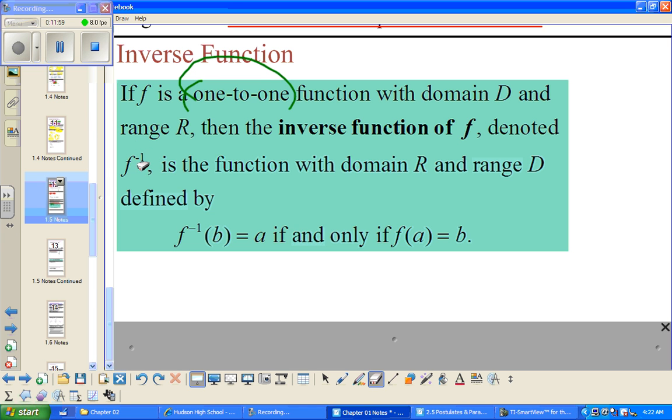This means the inverse of the function f is going to be a function with domain R and range D, defined by f inverse of b equals a if and only if f of a equals b.